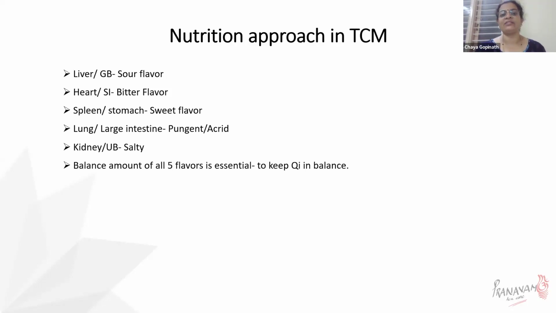Any imbalance in these tastes, or excess or deficiency in these tastes in your diet, can directly or indirectly affect that organ or the controlling organ. How will we come to know? Since we are all made up of 5 elements, it is very important to have a balanced diet which incorporates all these 5 elements or 5 flavors. When these 5 flavors are in balance, your chi is in balance.